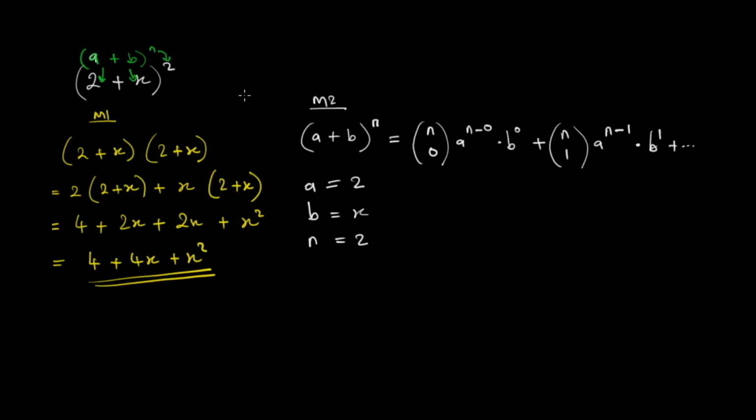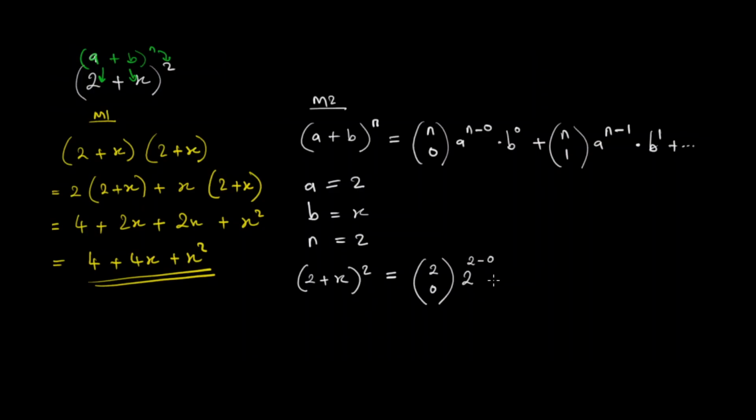As simple as that. What we are going to do is rewrite this but substituting. This means (2 + x) squared is equal to, we say 2 choose 0 like this. We said a is 2, so it's 2 to the power n, which is 2.